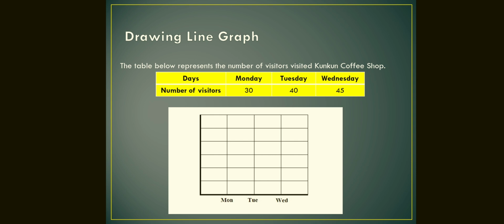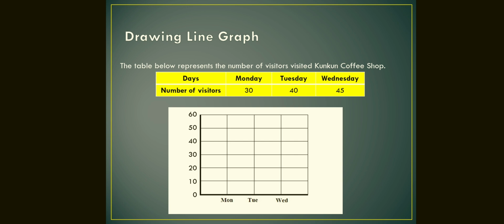Remember, it should start from 0. So the numbers will be 0, 10, 20, 30, 40, 50, 60, just like this. The numbers should be in sequence. Then we put the dots.